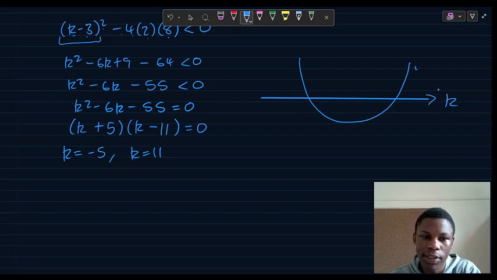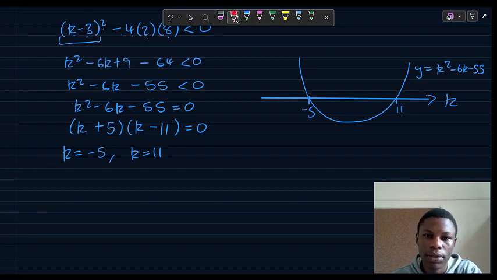Since this curve is of the form y equals k squared minus 6k minus 55, our values for k are minus 5 and 11. So the inequality is asking where this curve is less than 0, or in other words, where it is below 0, or below the x-axis, or below the k-axis.